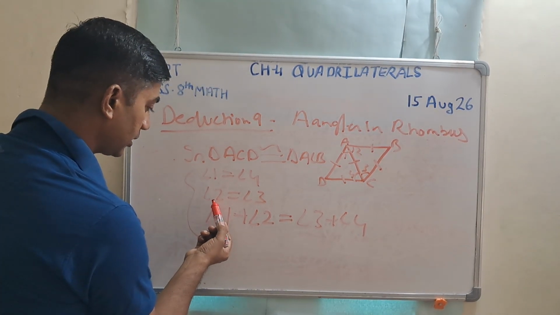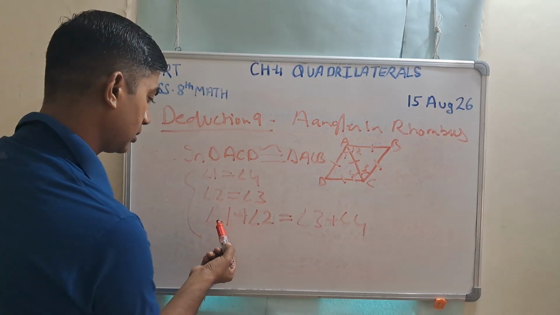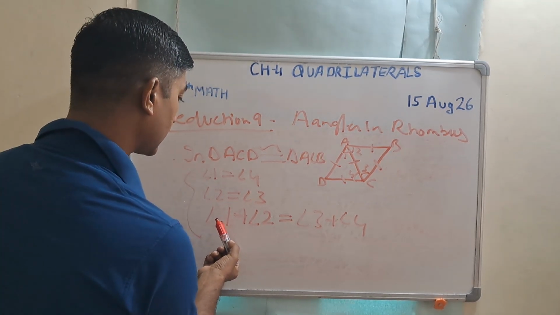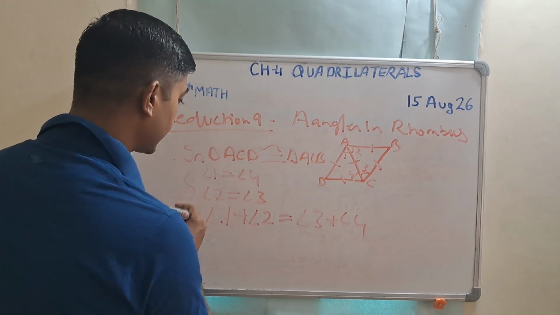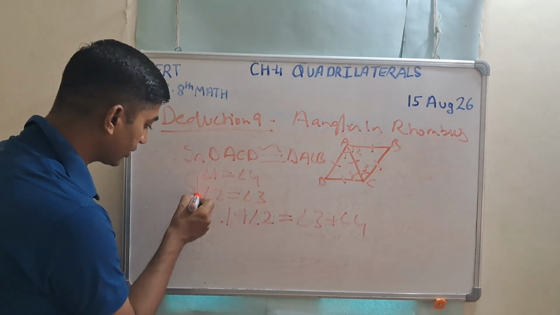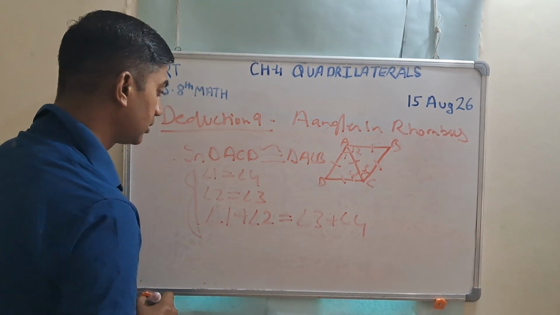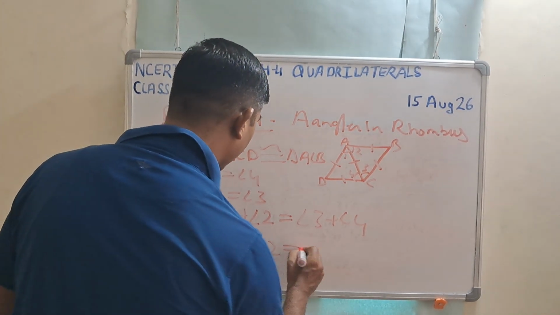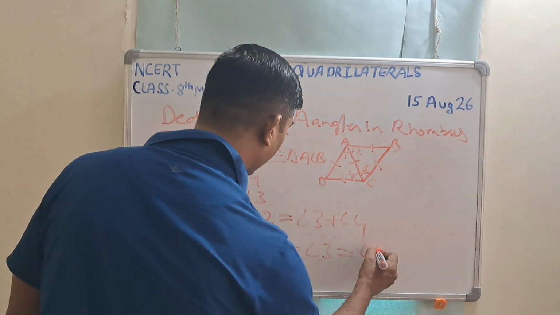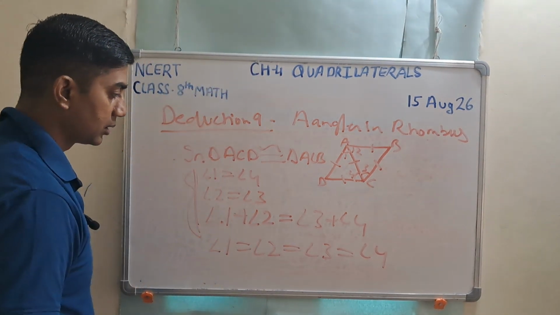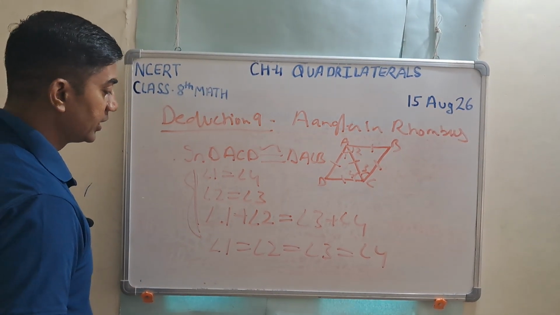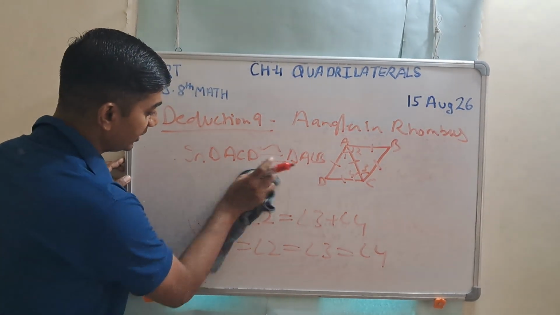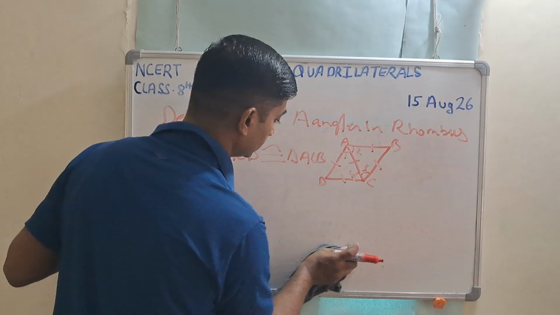Yes, with these conclusions we have concluded that angle 1 is equal to angle 2 is equal to angle 3 is equal to angle 4, right? This we have concluded, and just let me give you how these angles are equal.